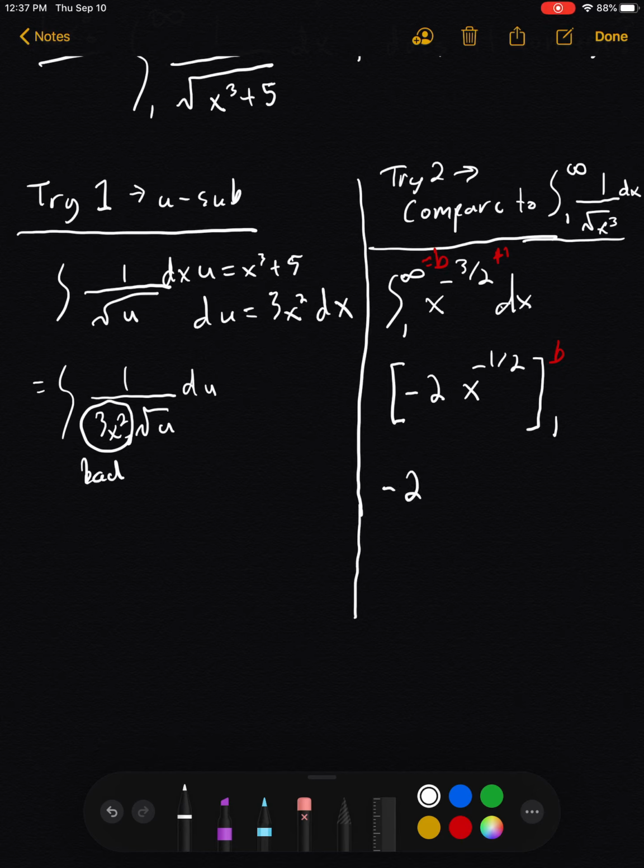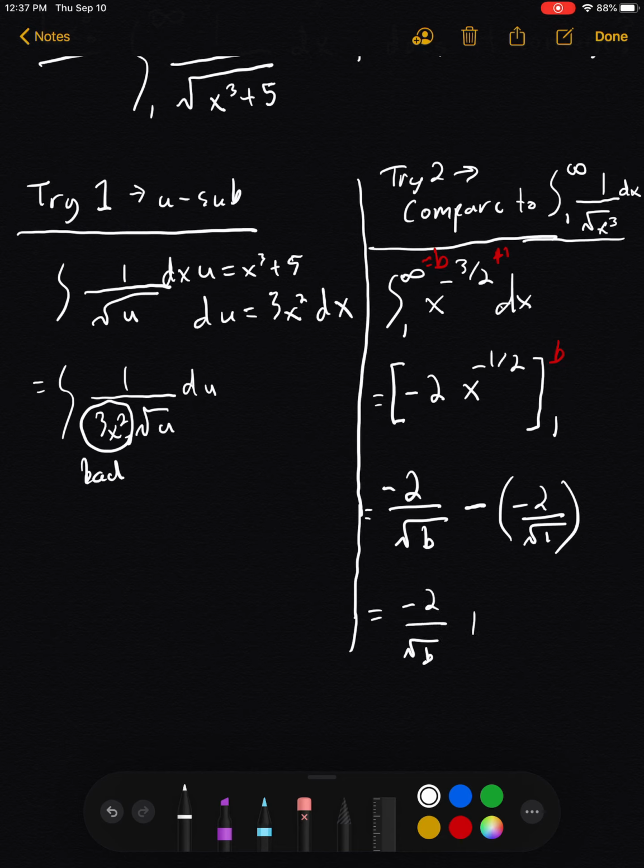I get negative 2 over the square root of b minus negative 2 over the square root of 1, which is really just equal to negative 2 over the square root of b plus 2.